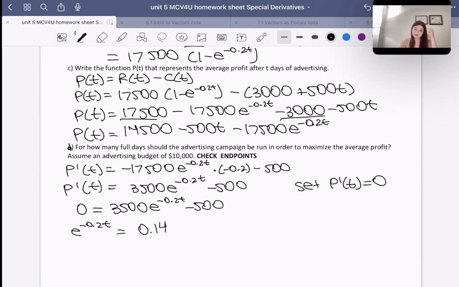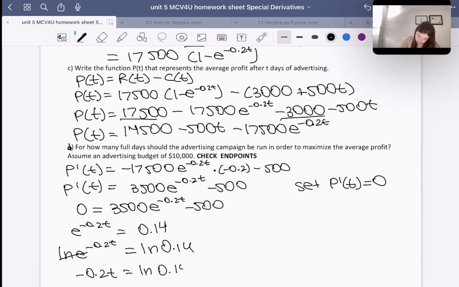Then I'm going to ln everything. I'm going to say ln e^(-0.2t) equals ln 0.14. Of course, ln and e cancel, and we just get negative 0.2t on the left, and then ln of 0.14 is on our right.